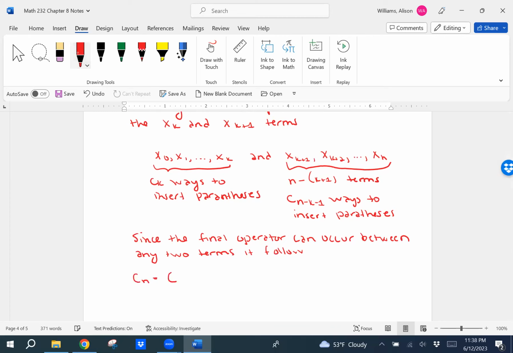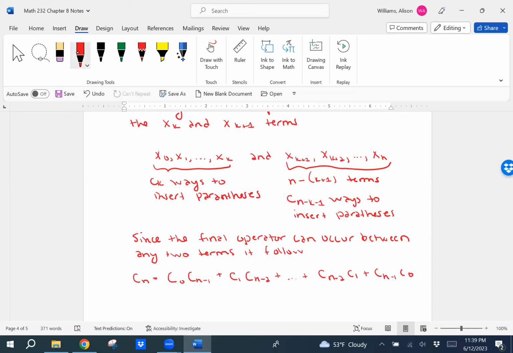So between the first term, c sub 0 times c sub n minus 1. So the first term separated from the rest, plus c sub 1 times c sub n minus 2. And this pattern continues until we get to the reverse version of this, c sub n minus 2 times c sub 1, plus c sub n minus 1 times c sub 0.